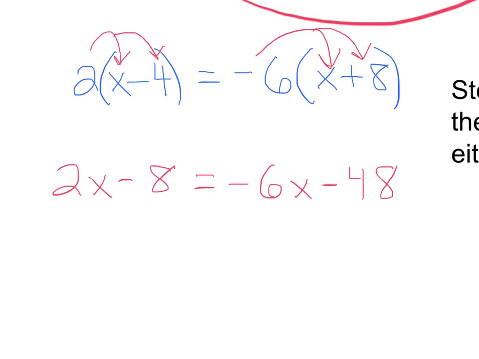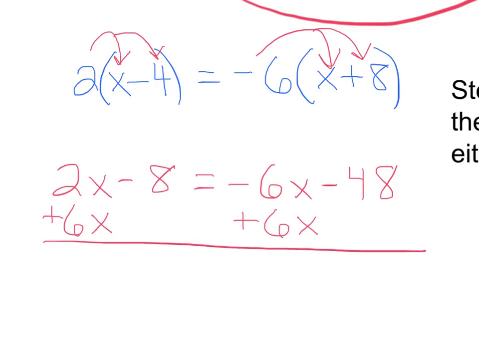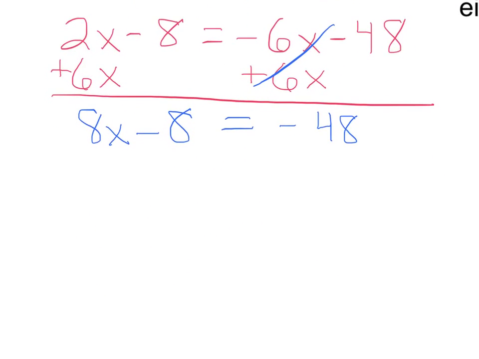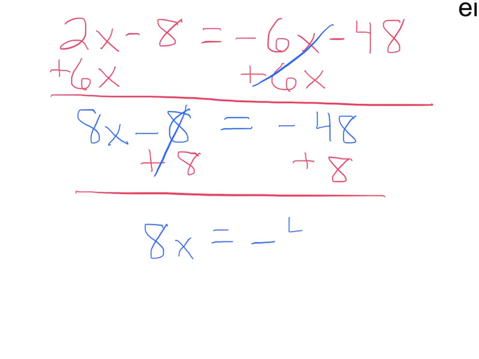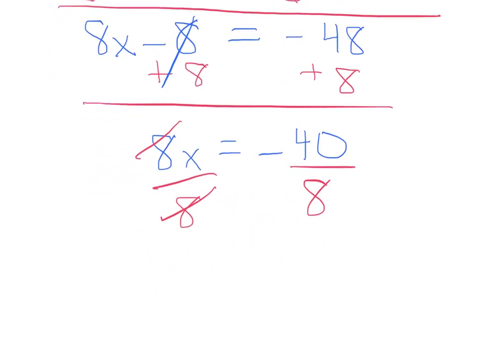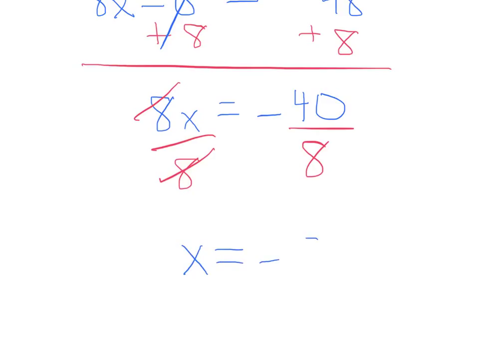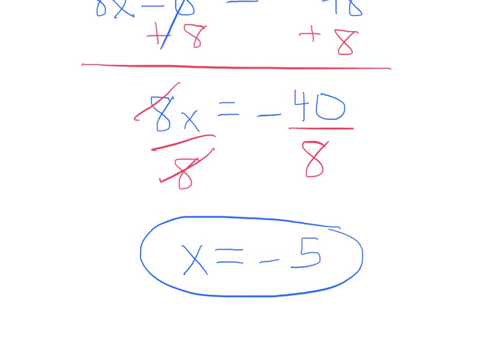Then we just want to do some work to get the x's on the same side. 8x equals negative 40 and divide. And x equals negative 5.